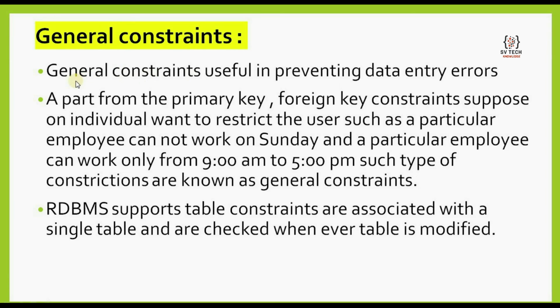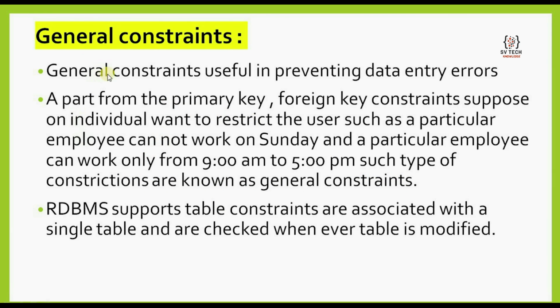General constraints. General constraints are useful in preventing data entry errors. Apart from primary key and foreign key constraints, suppose an individual wants to restrict the user, such as a particular employee cannot work on Sunday, and a particular employee can work only from 9 a.m. to 5 p.m. Such types of conditions are known as general constraints.